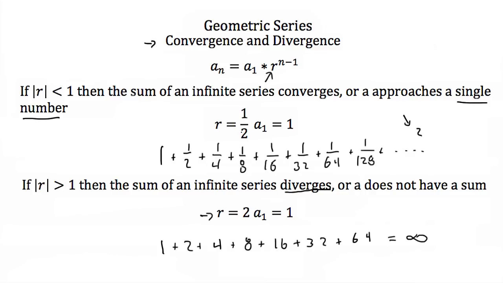So that is why if the absolute value of your r value is greater than 1, then there is no answer to your infinite geometric series. If the absolute value of your r is less than 1, then your series will converge at an answer.